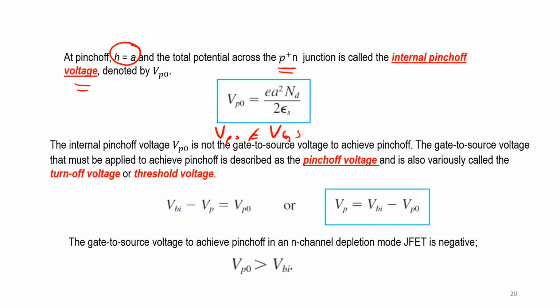The gate to source voltage that must be applied to achieve pinch-off is described as the pinch-off voltage, also variously called the turn-off voltage or threshold voltage. So VP, the pinch-off voltage, is equal to VBI minus VPO.